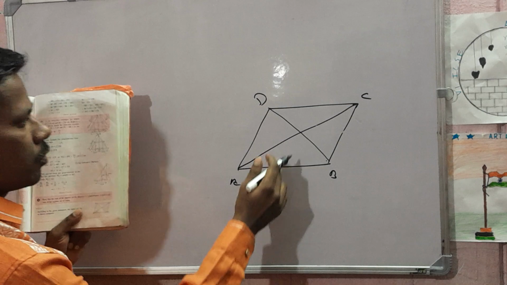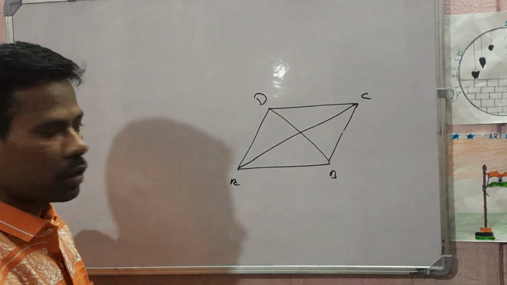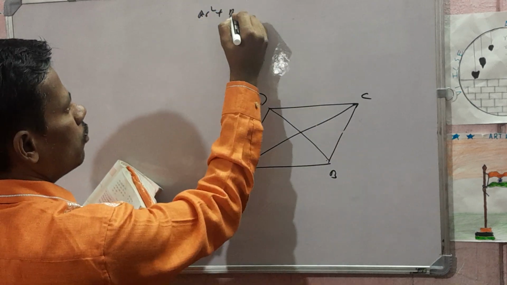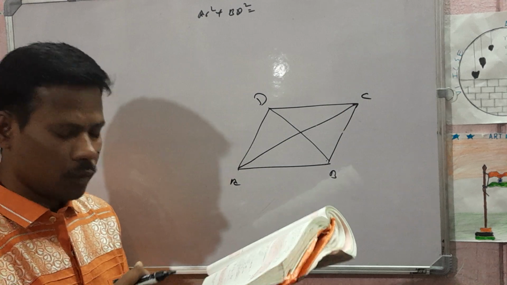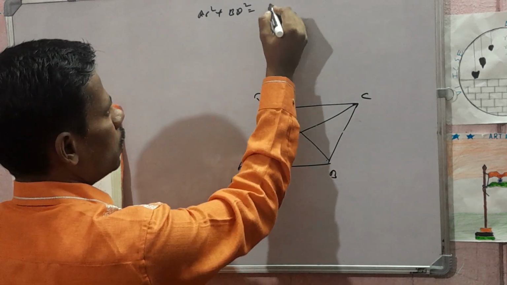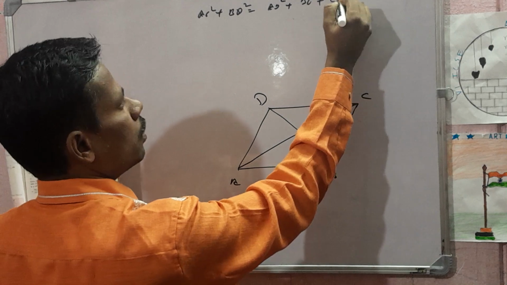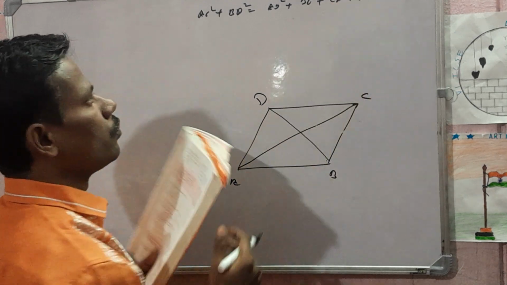Which are the diagonals? AC square plus BD square is equal to what? Equal to sum of squares on the sides. Which are the sides? AB square plus BC square plus CD square plus AD square. This we have to prove.